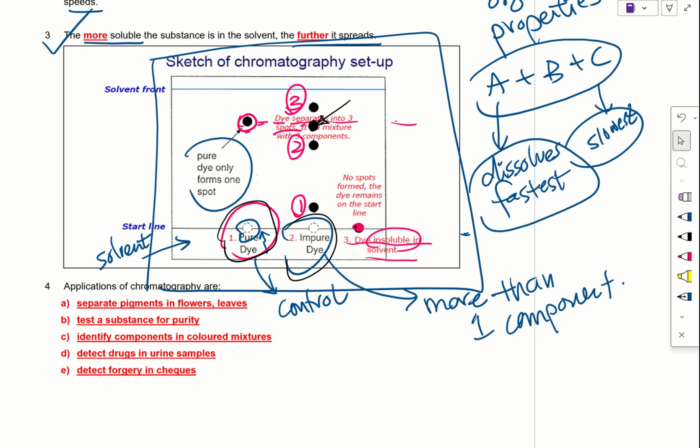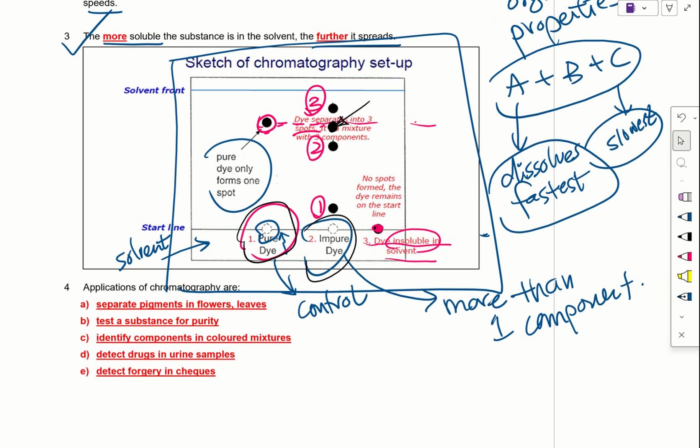So we can use chromatography again, and if we suspect that it's a certain kind of dye, we can put it here again, and it should have this signature spot which corresponds to the impure dye's chromatogram.